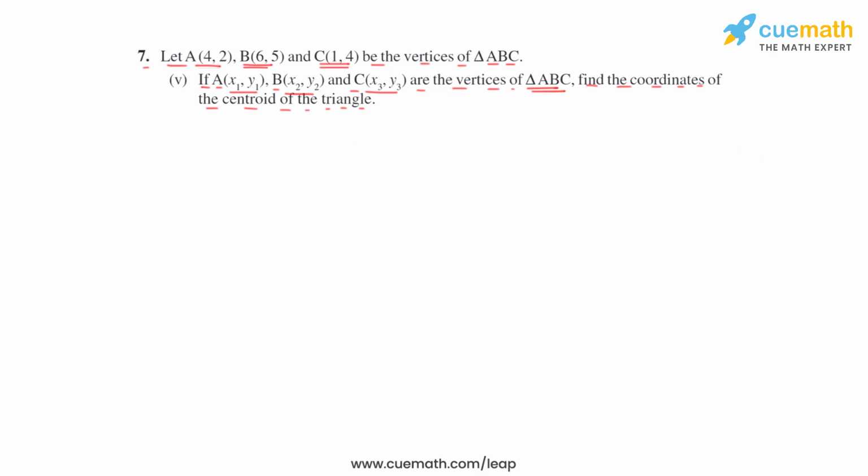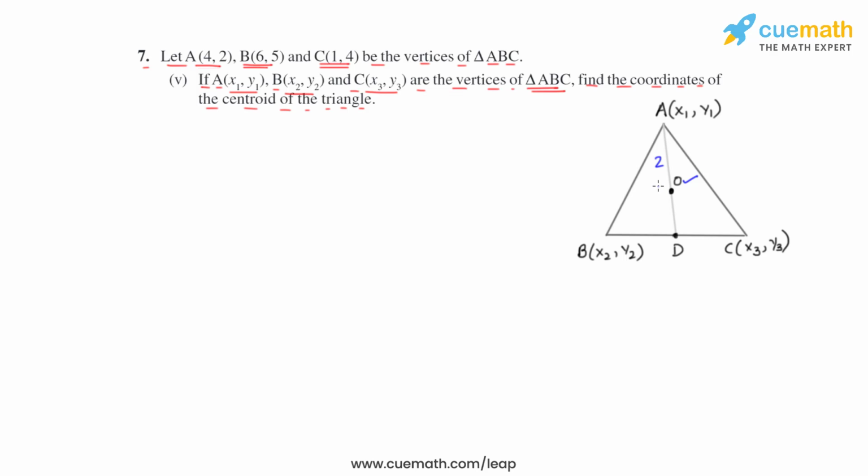So what we can do, see the figure, A is x1 y1, B is x2 y2, C is x3 y3, and let's say we have to find the centroid of the triangle. Let's say the centroid is O, and this AD median will pass through the centroid and O will divide it in ratio 2:1, and D is the midpoint of BC.